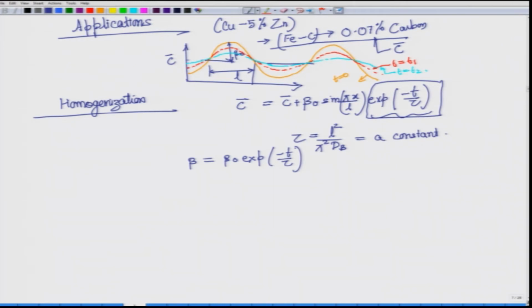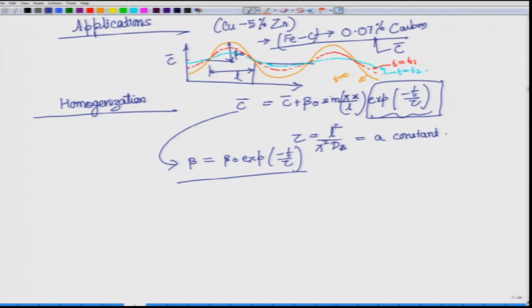And this is nothing but concentration at x equal to L by 2. So, if you start from x equal to 0 here, then x equal to L by 2 is what you are getting from this relation. This is the same thing, but we are only putting x equal to L by 2, and you will get how the amplitude is changing with time.